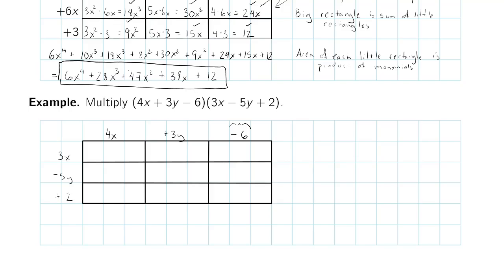And now, for each little rectangle, we'll say the top times the side. So 4x times 3x is 12x squared. 3y times 3x is 9xy. Negative 6 times 3 is negative 18x. 4x times negative 5y is negative 20xy. 3y times negative 5y is negative 15y squared.